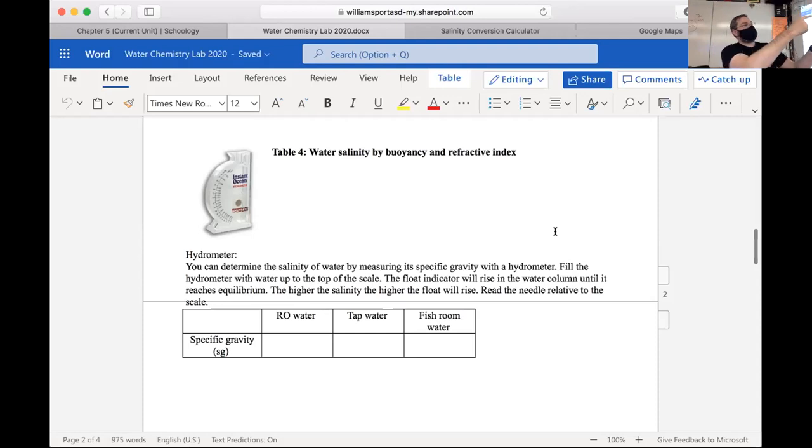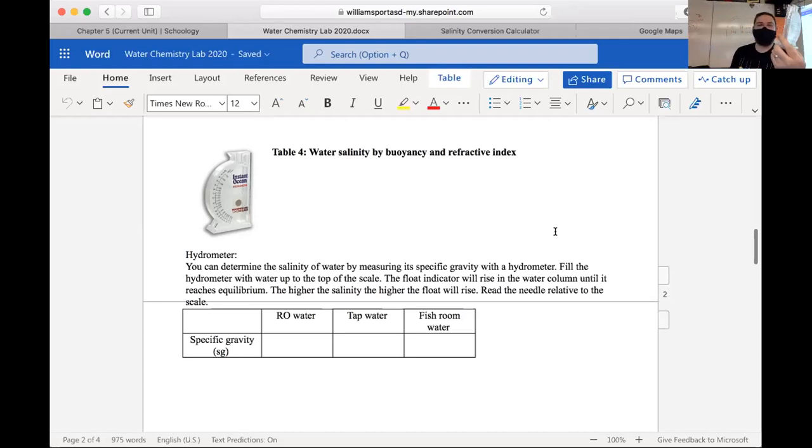And there's a little scale along the side here that has values in parts per thousand on the outside, but specific gravity on the inside. So we're going for around 1.026, which is right about here, where my finger is pointing. Wherever the needle points, that tells you how much salt's in the water.